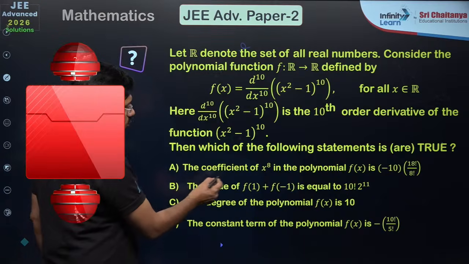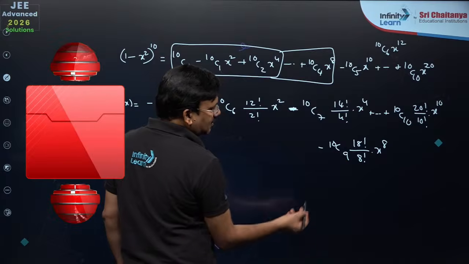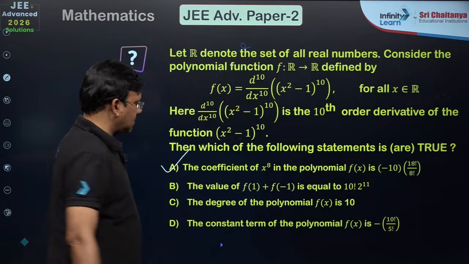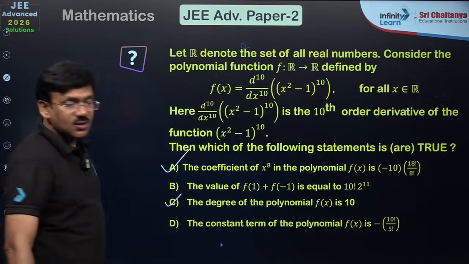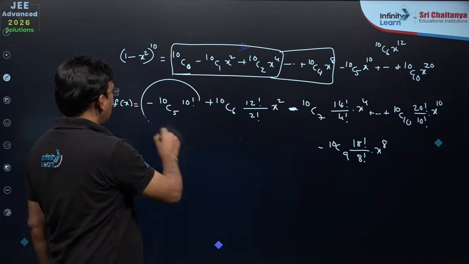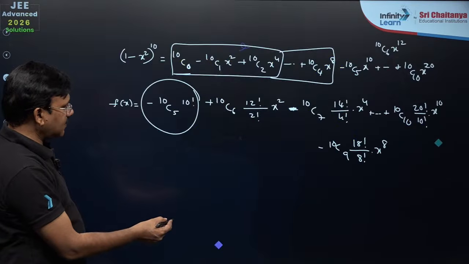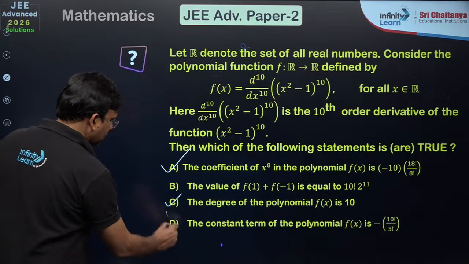The first option, coefficient of x power 8, minus 10c9 is nothing but 10, 18 factorial by 8 factorial. This option is correct. And the degree of the polynomial f of x is equal to 10, correct. And the constant term, you see here, is minus 10c5 into 10 factorial, but he said minus 10 factorial by 5 factorial, which is wrong.